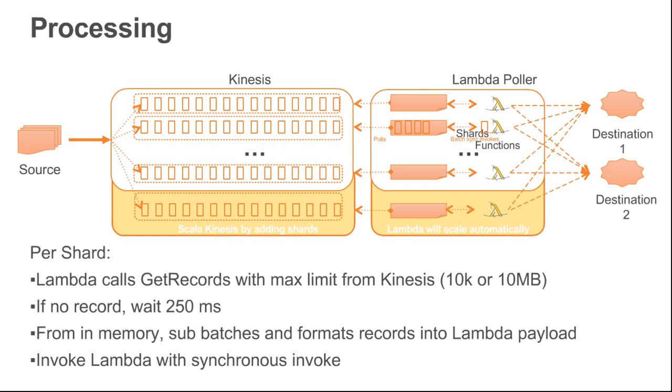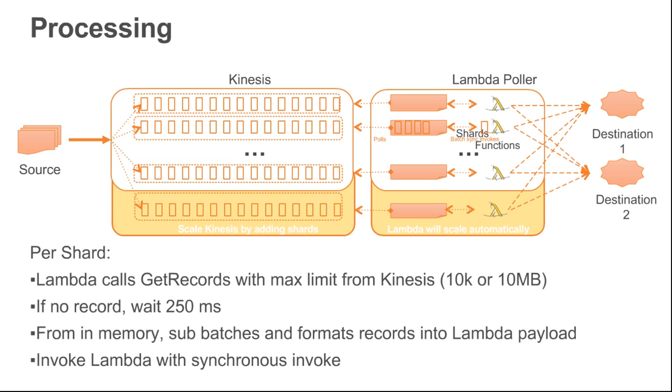If we call get records and we don't see any records, we will wait 250 milliseconds before we call get records again. When we do get records from Kinesis, we store this in memory, and with this in-memory batch of records, we will then sub-batch to honor the other limits, such as the batch size that you have configured, as well as format the records into the Lambda payload, into the format I had shown previously.